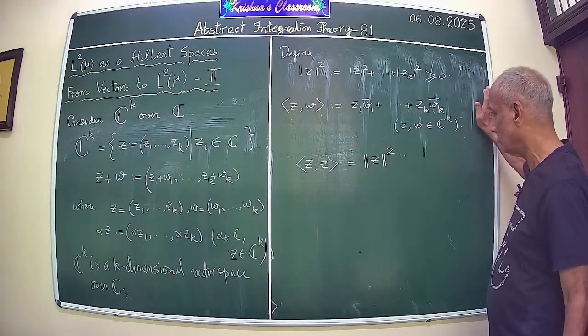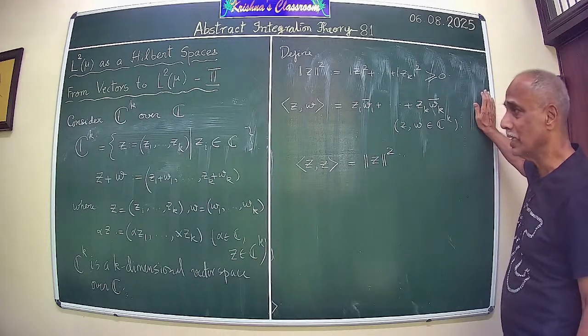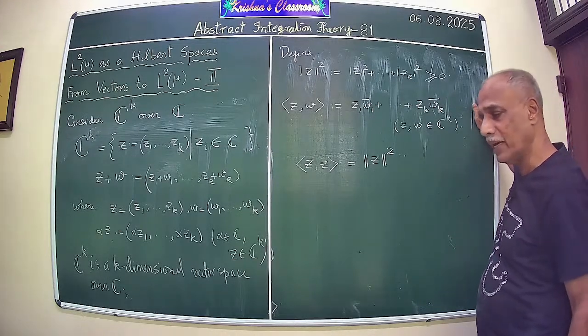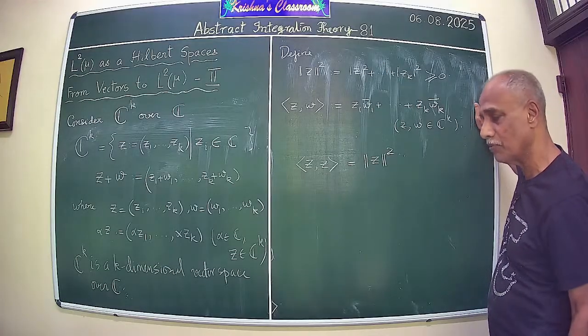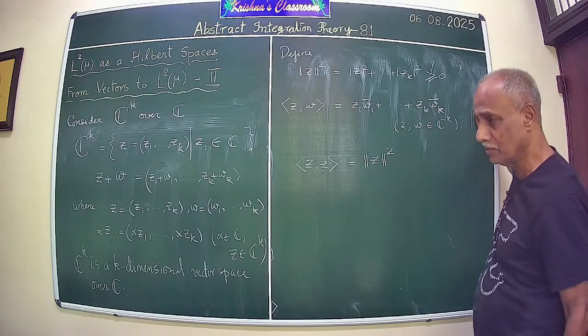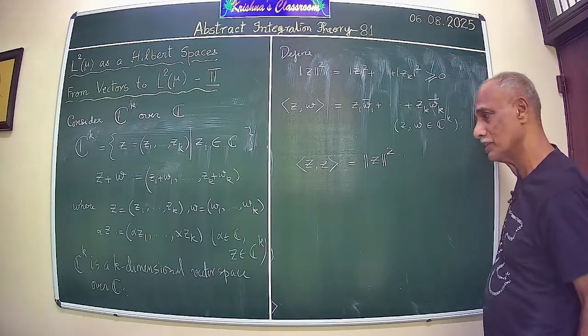Now you see that in general, if you take a field, then Fn over F is a vector space. But you can't go beyond that.